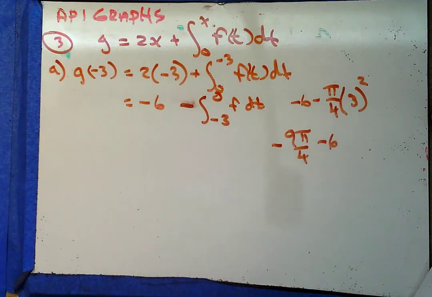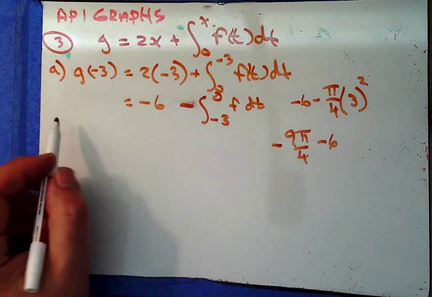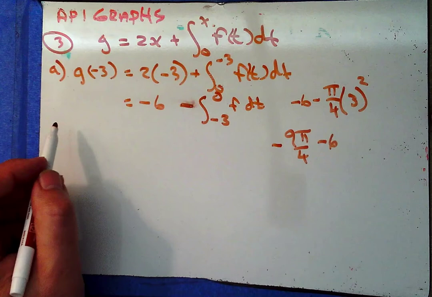G of negative 3 is negative 6 minus 9 pi over 4. Good. Okay, do we need to do anything else there?